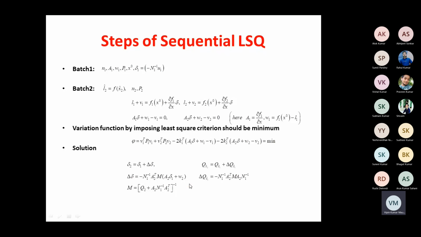So what will be the objective once you have new observations? You have to just focus on computing this one. If you have this value, you can directly put it here and compute delta 2. Similarly, if you have this value delta Q, you can put it here and compute Qx2.